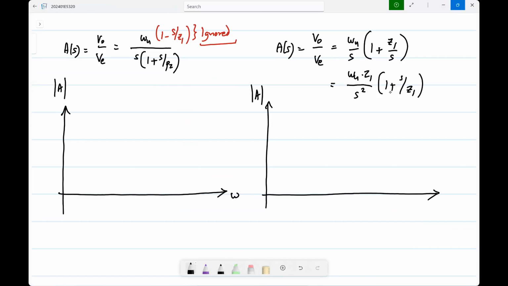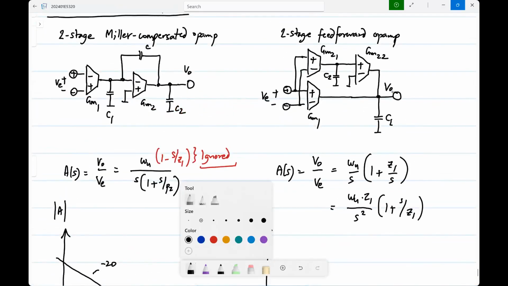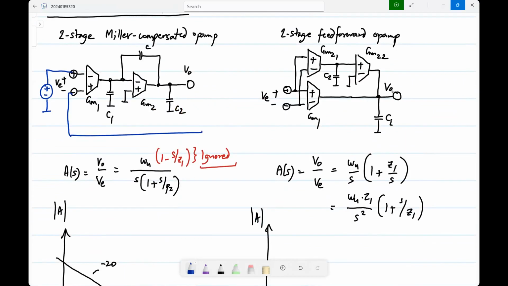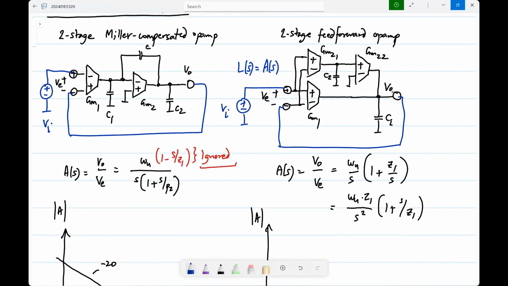Initially it will fall at minus 20 dB per decade, which corresponds to basically just omega u by s, right? And this will be omega u. And we expect the poles and zeros to be after the unity gain frequency. So anyway, let me just show the unity feedback case because the loop gain is what is relevant. So in this case, basically the loop gain is the op-amp's transfer function.